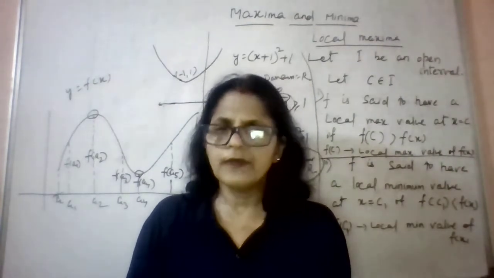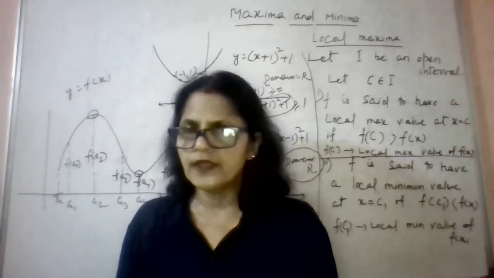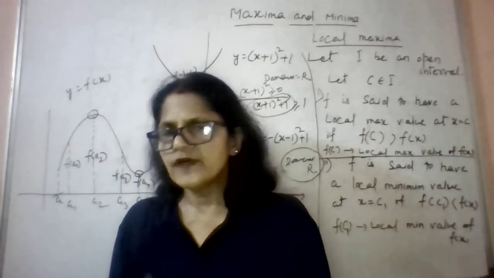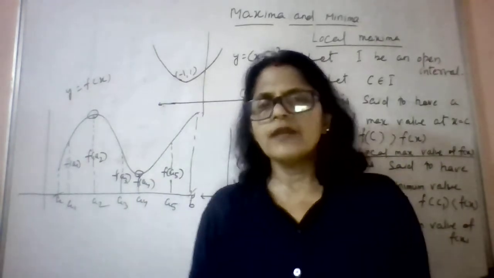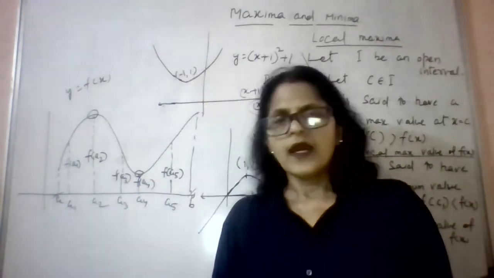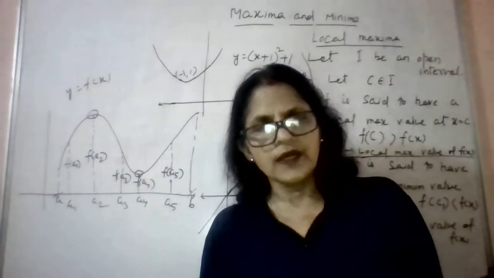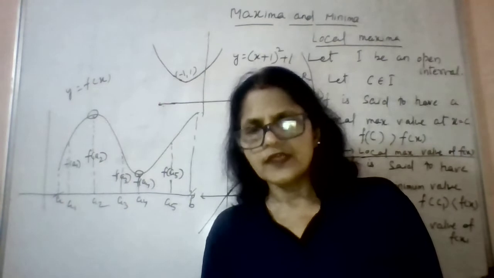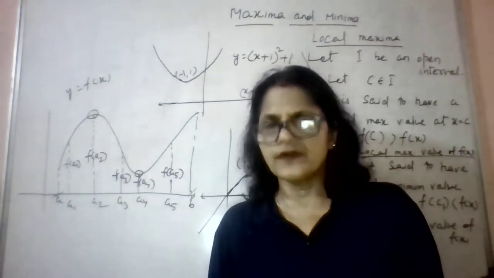We will be using the first derivative as well as the second derivative. We will study the first derivative test to find local maximum and local minimum values of the function, and similarly the second derivative test.